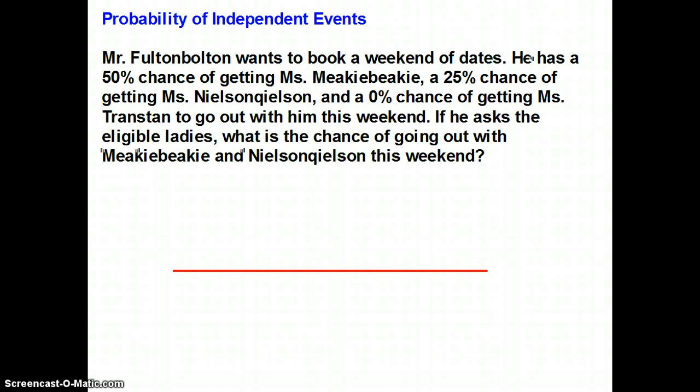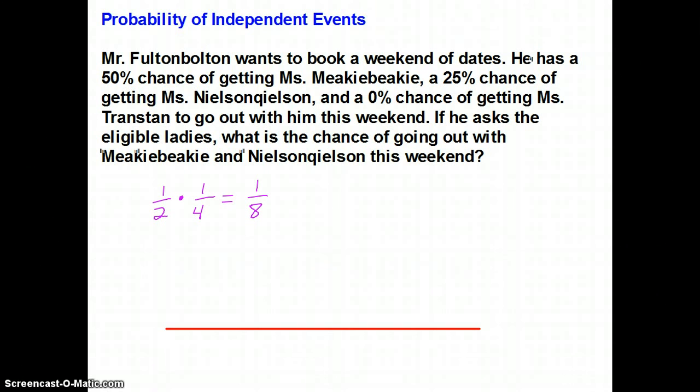So we're going to have to multiply the probabilities of getting a date with Meeky Beaky and Nielsen Quilson. So let's see. So the 1/2 represents 50%, and the 25% is represented by 1/4.